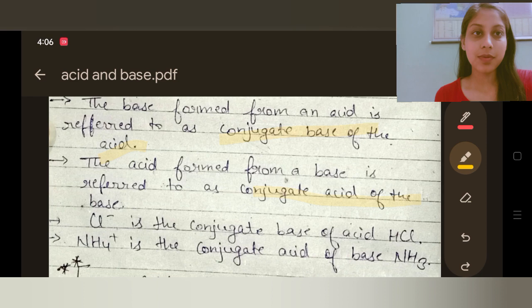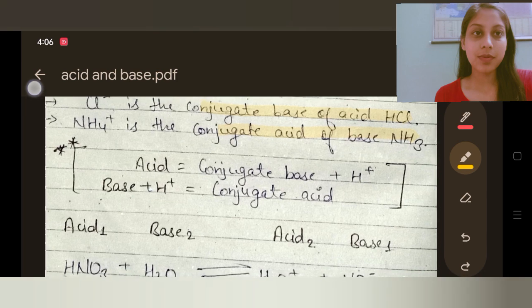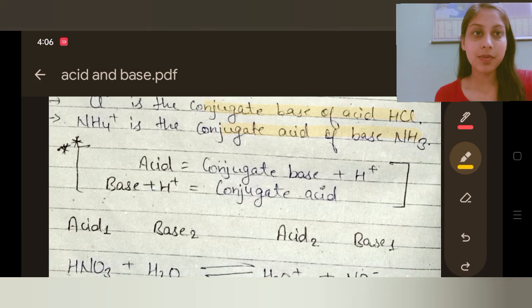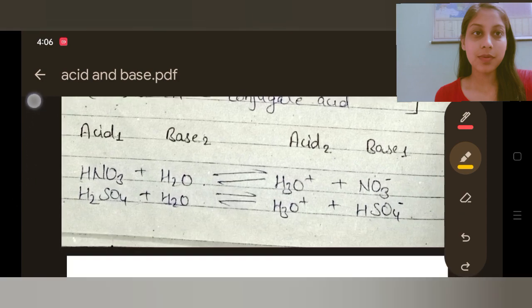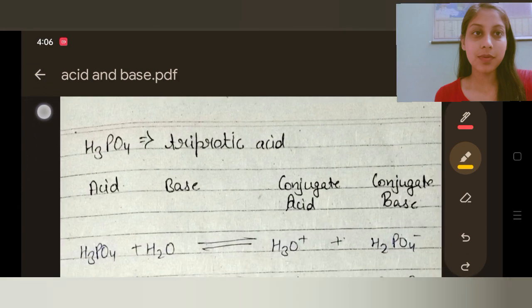Here the Cl- ion is the conjugate base of HCl, whereas NH4+ is the conjugate acid of NH3. Acid gives conjugate base plus H+ ion. Here also base plus H+ ion or a proton gives a conjugate acid. Here are some examples.